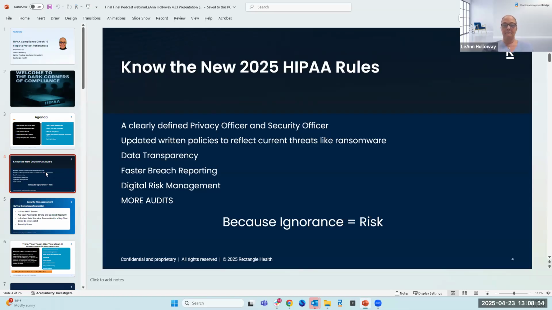malware attacks. OCR, the Office for Civil Rights, is sharpening its focus on individual rights to access and understand how their electronic patient health information, EPHI, is used and disclosed.